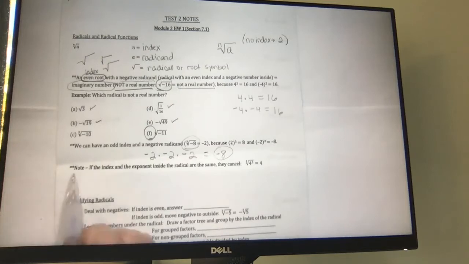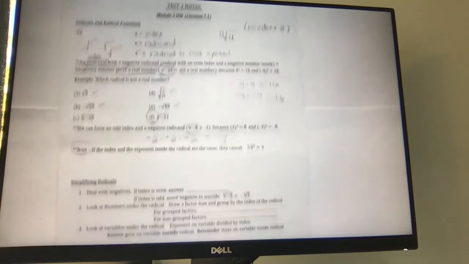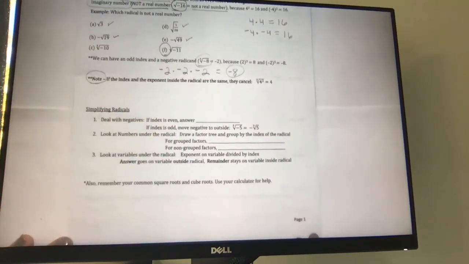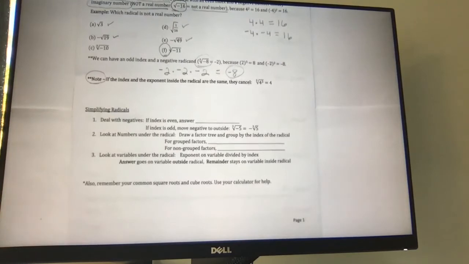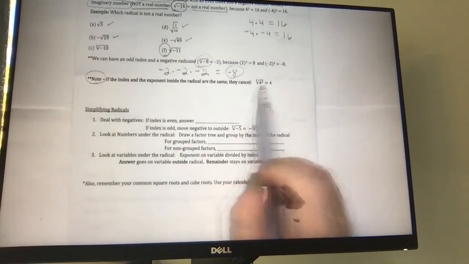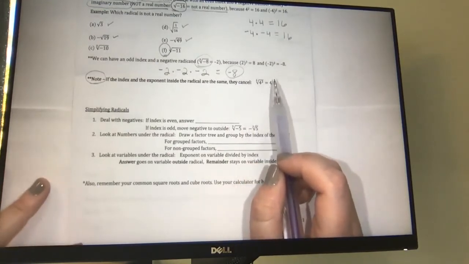All right, this is just a little helpful hint, a little trick to help you with some of the problems. We're going to go into why this is later, but for right now, it's just a little trick you can remember.